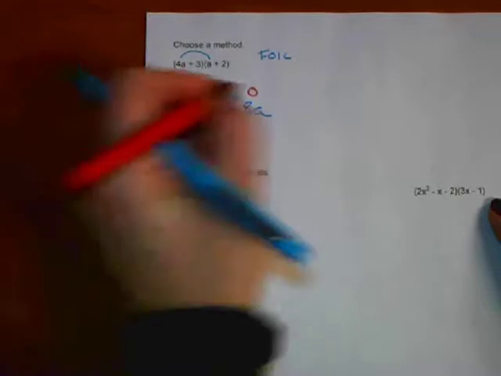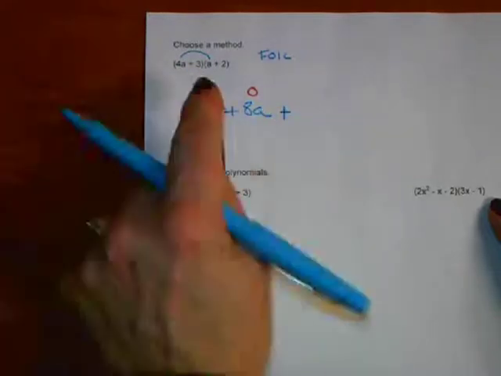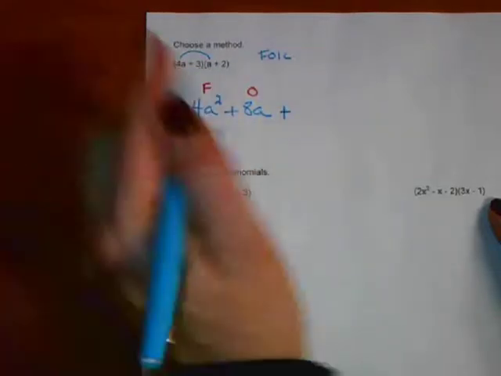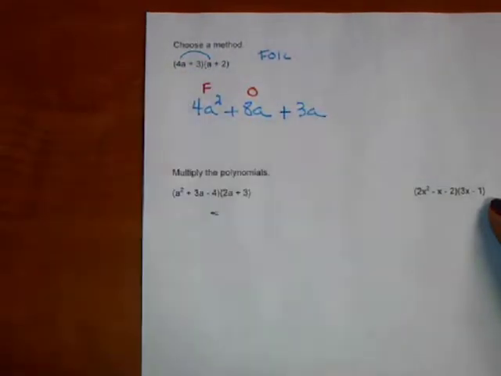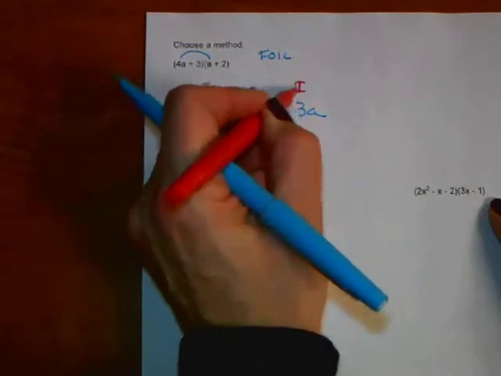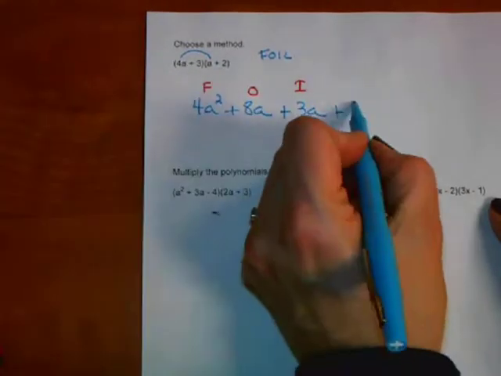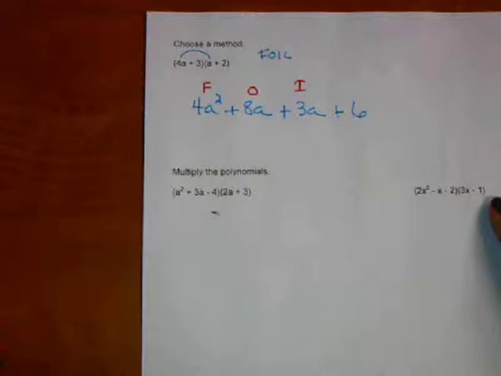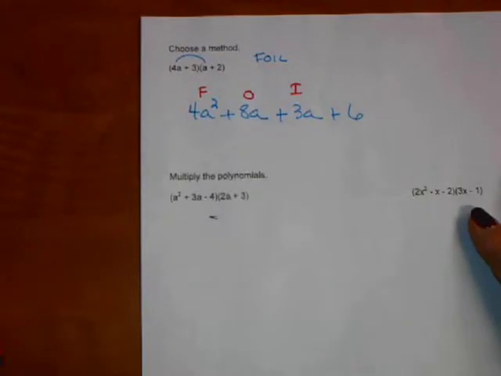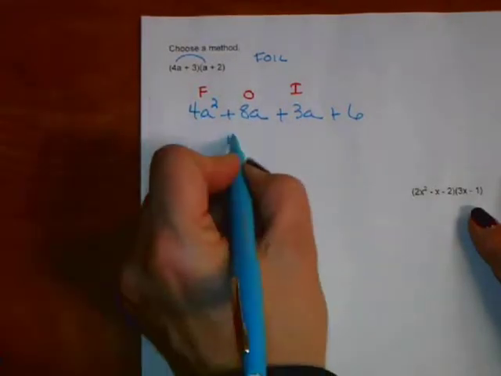That's the outer. And then you do the inner. 3 times a is 3a. And then you do the last. 3 times 2 is what? 6. And then you combine the like terms.